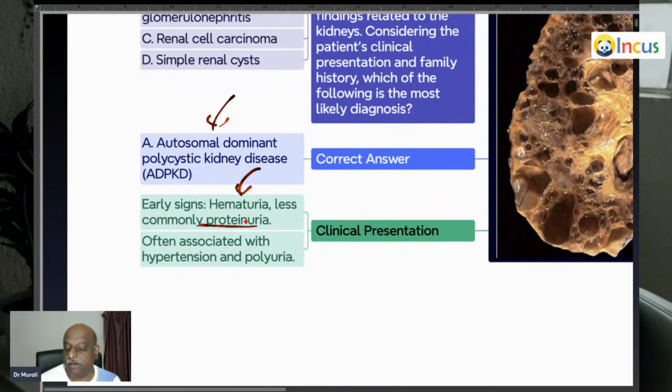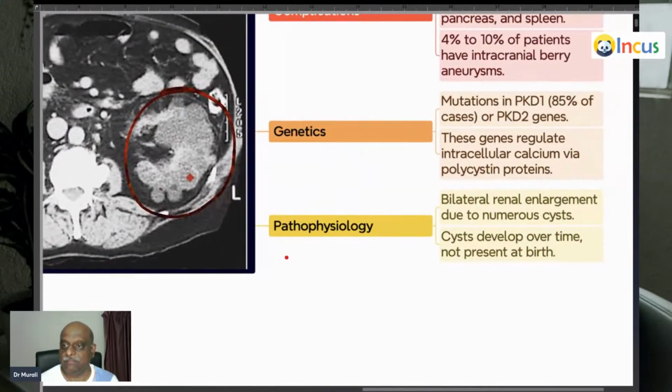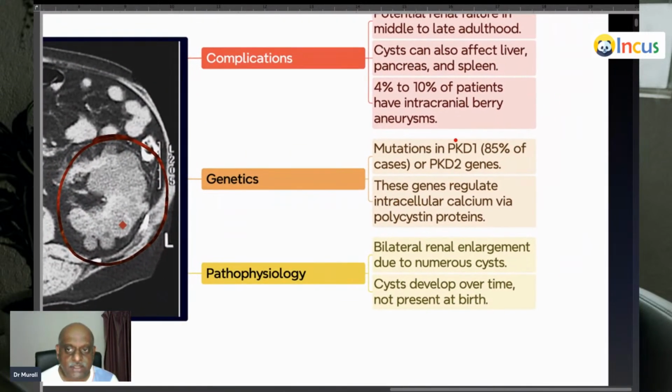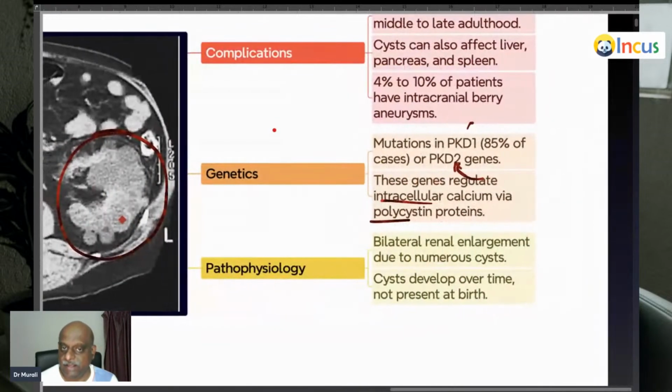Hematuria, less commonly proteinuria, and often hypertension. And because renal tubular function gets affected in polycystic kidney, it leads to polyuria. There are mutations in the PKD1 or PKD2 genes, and they regulate the intracellular calcium in ADPKD.